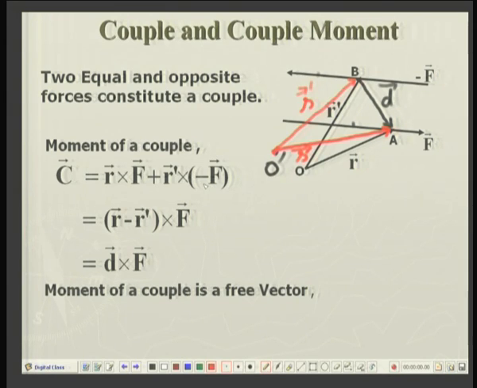Again the difference vector between S and S dash will be D. So, I will get the same value, D crossed with F. So, the moment of a couple is a very interesting quantity: it is independent of the point about which the moments are taken, O and O dash, and for calculating this I can choose any 2 points on these 2 lines of action of the forces. Hence it is a free vector.